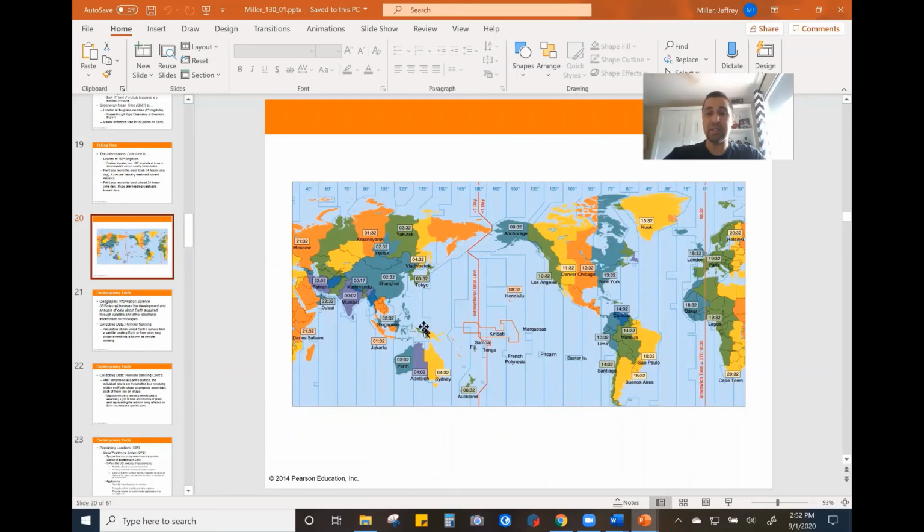And if you cross the international dateline like this, let's say it's Tuesday here, and then you cross the international dateline, going in the eastern direction, what's gonna happen is Tuesday will become Monday, okay? Tuesday will become Monday. So it's like you go back in time.